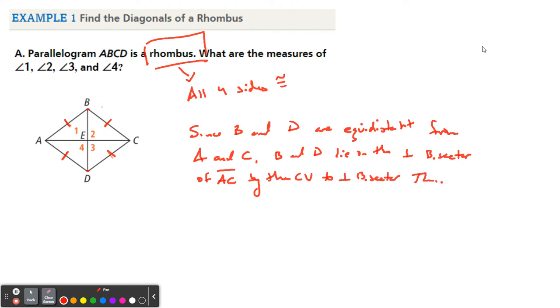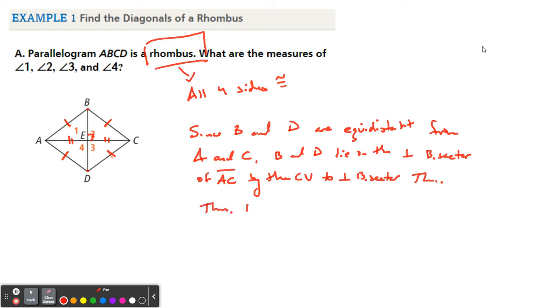So again, since B and D are equidistant from A and C, that means that segment BD is the perpendicular bisector of segment AC. So this means, right, that the diagonals AC and BD are perpendicular.